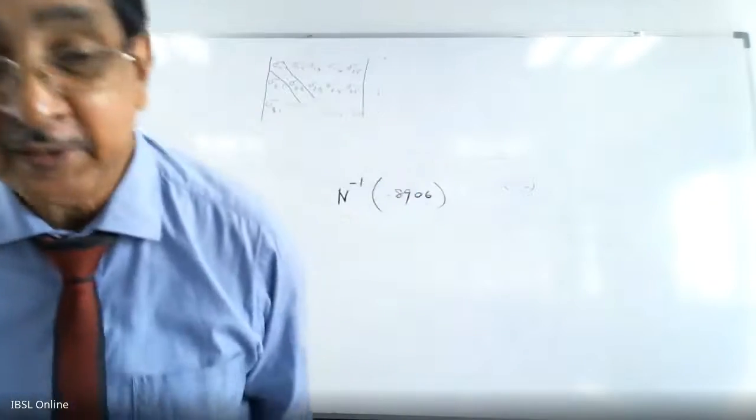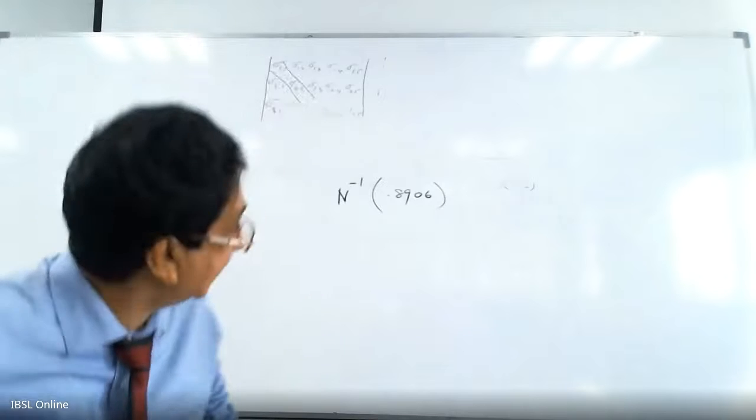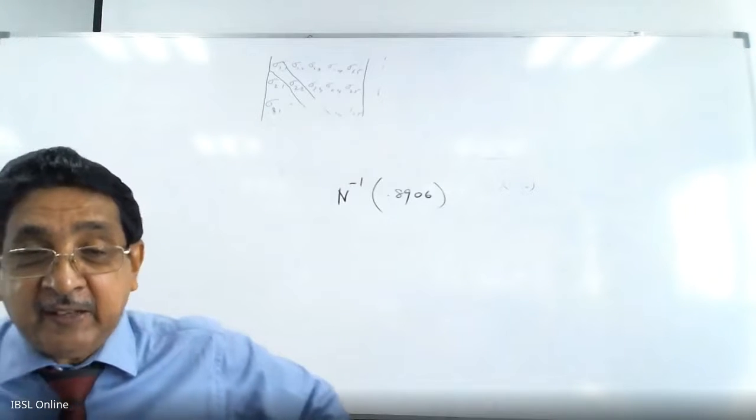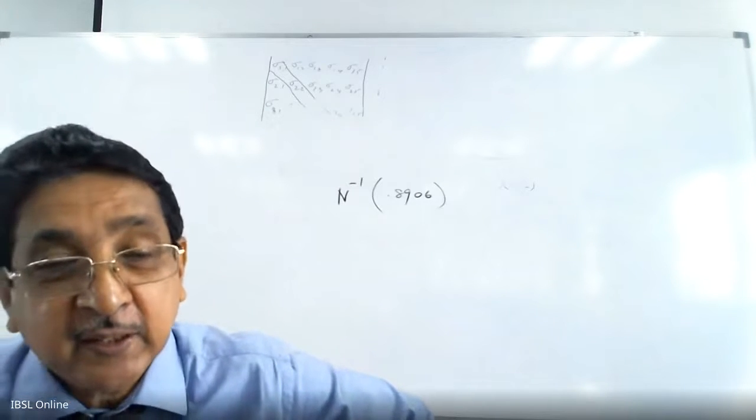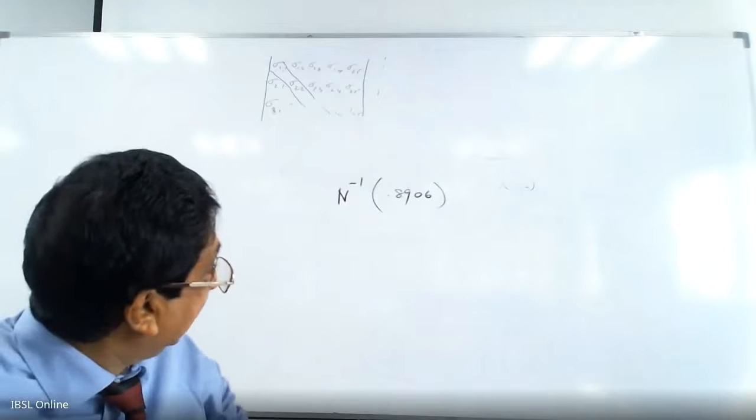Now you look at it. N minus 1, that is N inverse. We call it N inverse of 0.8906.